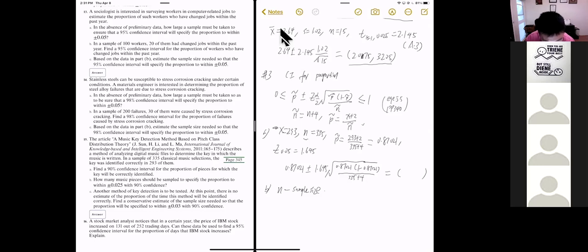So 0.025 will be equal to, because this is 90% confidence, the half alpha is still 1.645, times the square root. Just copy the equation here.